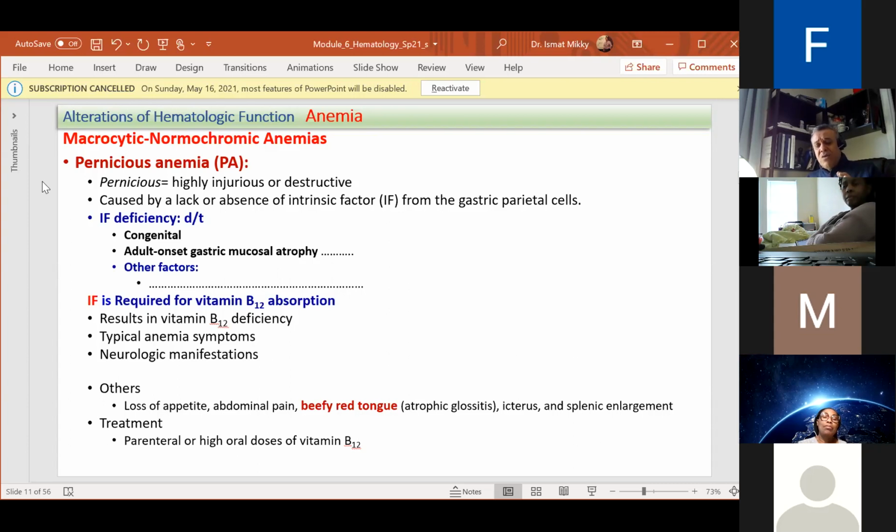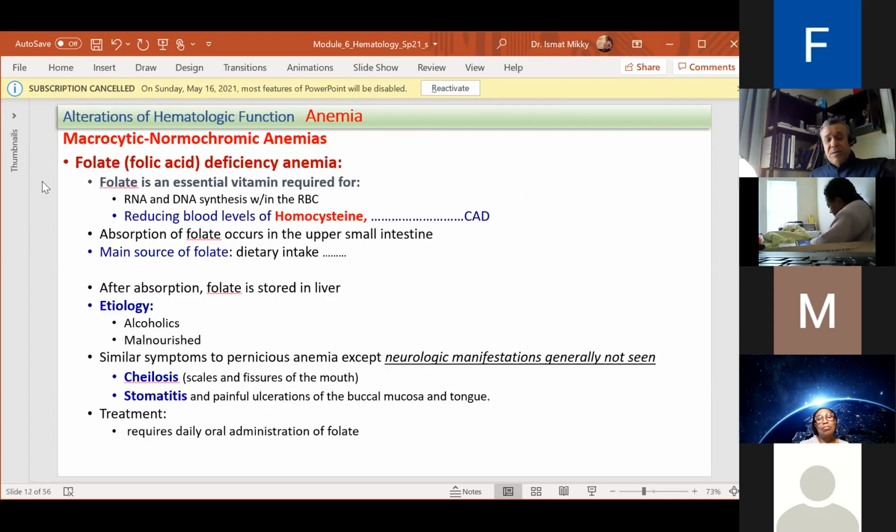The beefy red tongue would be in both pernicious anemia, vitamin B12 deficiency, as well as in iron deficiency, but you will see it more evident and more extreme in the PA than in iron deficiency anemia.